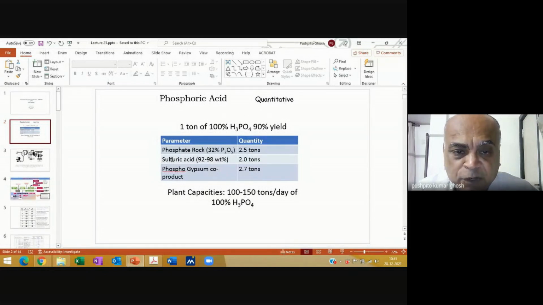This is the requirement of sulfuric acid, and as we discussed, when you produce phosphoric acid, you also obtain phosphogypsum, which is nothing but gypsum, but because it's from the phosphoric acid process, it's called phosphogypsum. There are precautions one needs to take to use this because it is radioactive.